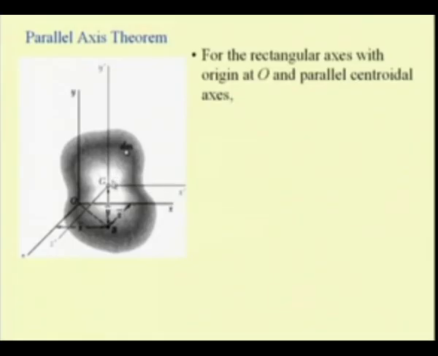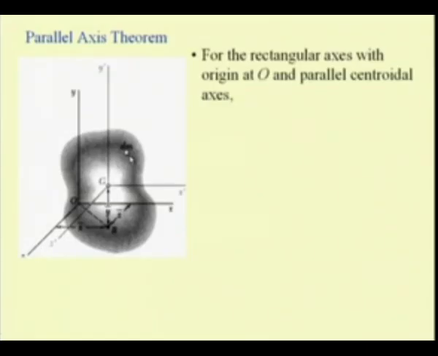G is the centroid of this rigid body, and the coordinate system y prime, z prime, x prime has its origin at this centroid G. So, this point G is located at x bar, y bar, z bar, which are nothing but the coordinates of this centroid with respect to our original axes O, x, y, z.